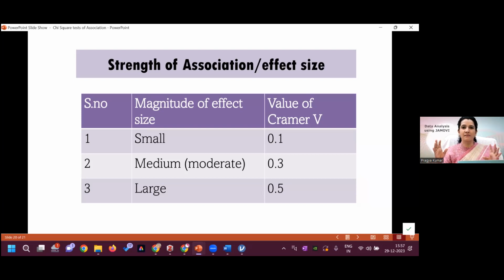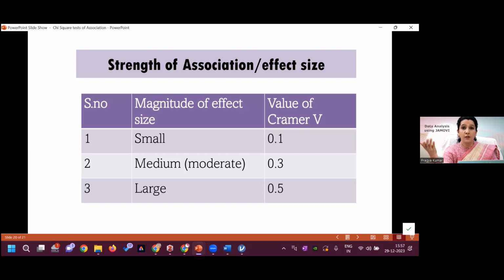Why? Because it is not for everyone; this is just for understanding. As a researcher, wherever there is such hypothesis testing, you should report the effect size. When you report effect size, it is clear to the reader.